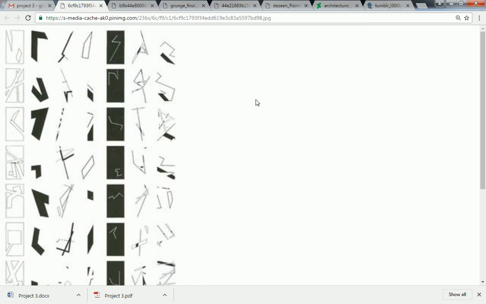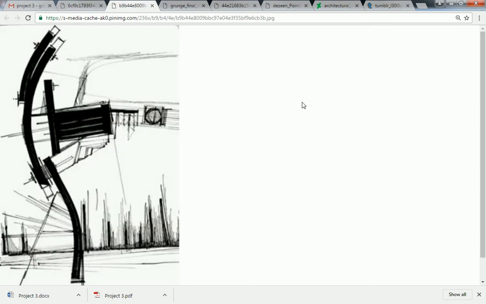Moving on. The next example I want to show you is moving a little bit more into a pictorial perspective. What you're seeing here is exploring geometry as a composition.